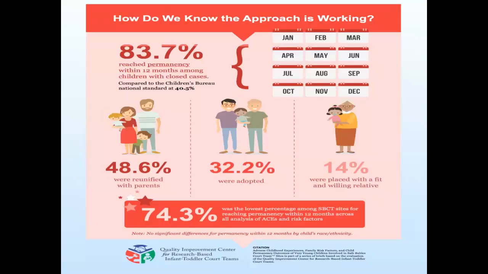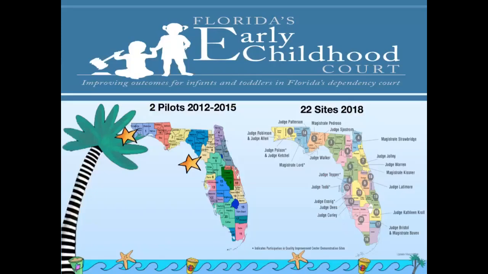So they were delighted, and almost 75%, that was the lowest percentage among sites for reaching permanency within the 12 months. We know that in most of our states, our kids languish in the system for much longer than the 12 months that is nationally mandated.